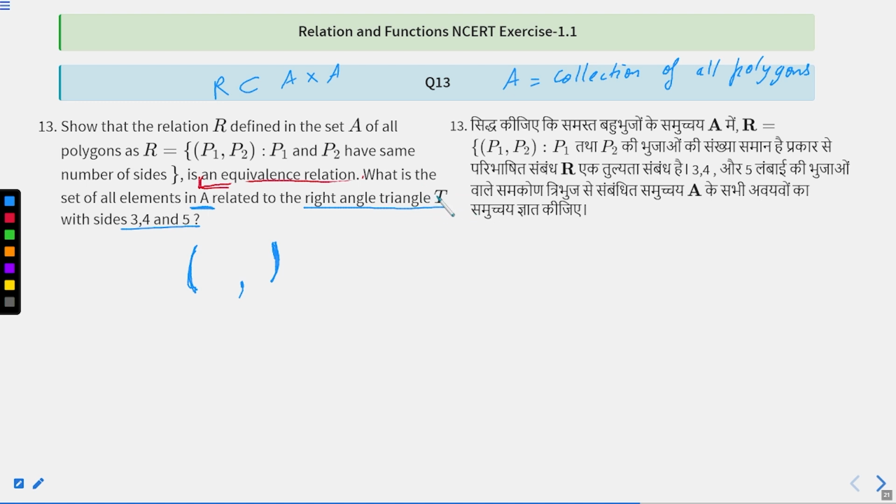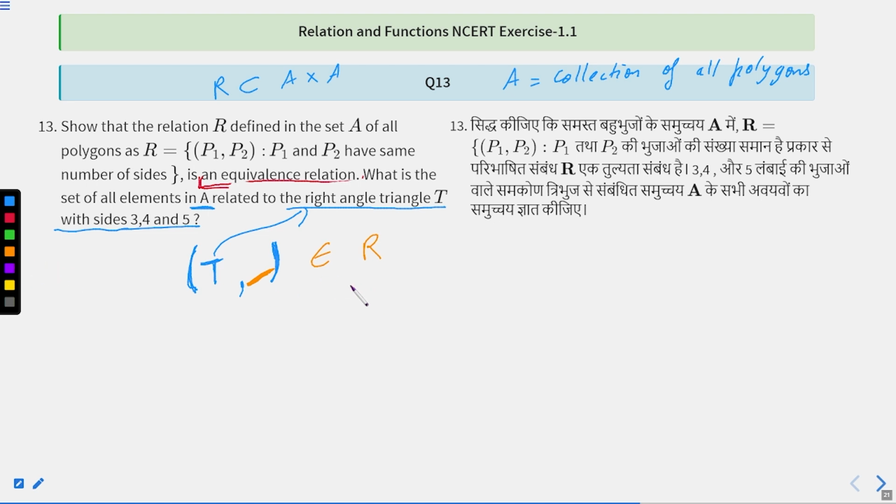T is, as you can see here, a right angle triangle with side this. Then I need to find what polygons I can place here, so that this must belong to the relation R.